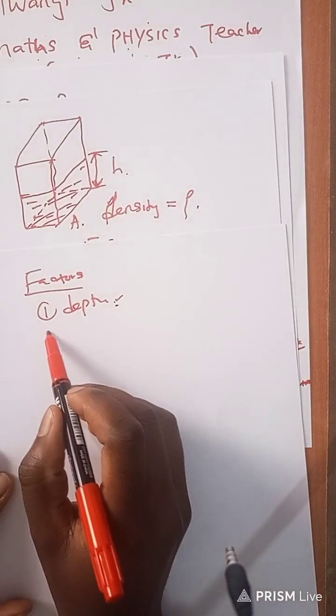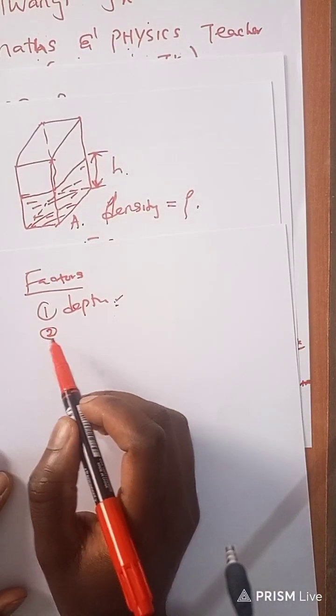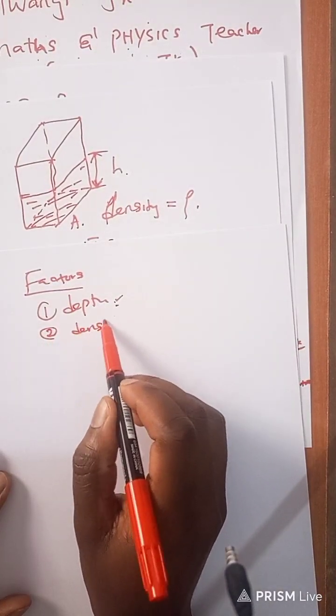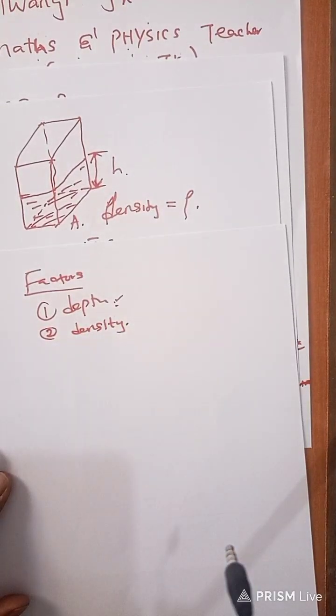Then we have the other factor, the density of the liquid. We can also talk about the gravitational field strength.